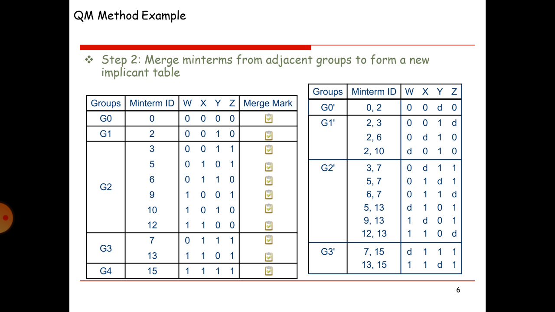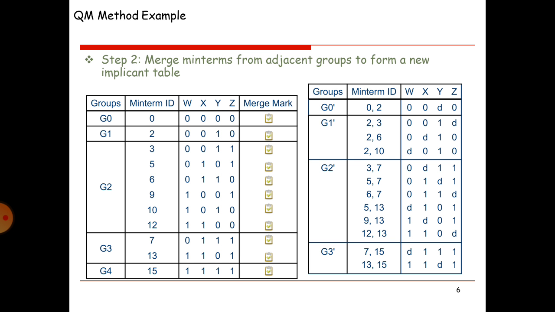In the next table we have to compare two groups, that is G0 and G1. If the two bits are the same, you write them as they are. If there is any difference in the bit, that is either 0 1 or 1 0, you mark a dash, represented by D. First compare G0 and G1.